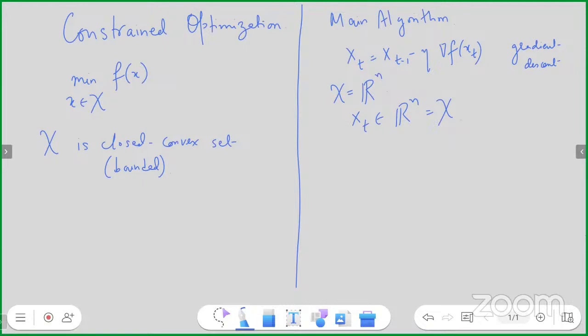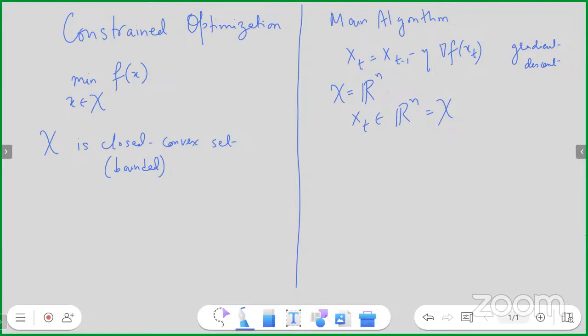What else can you do? Don't limit yourself. This is a simple thing, right? When x was unconstrained, you're given this algorithm.